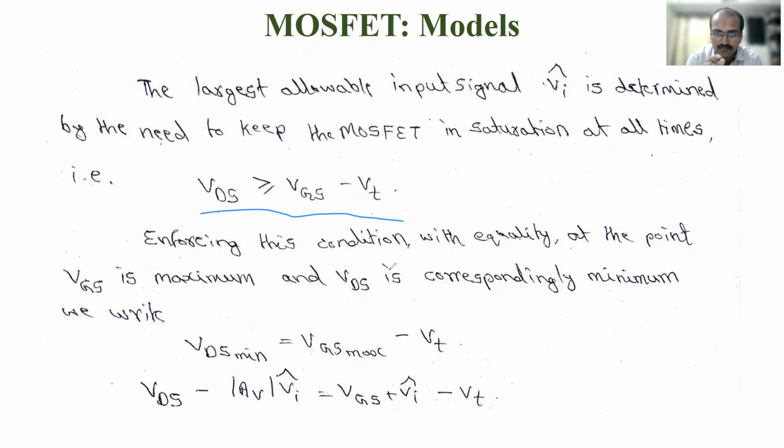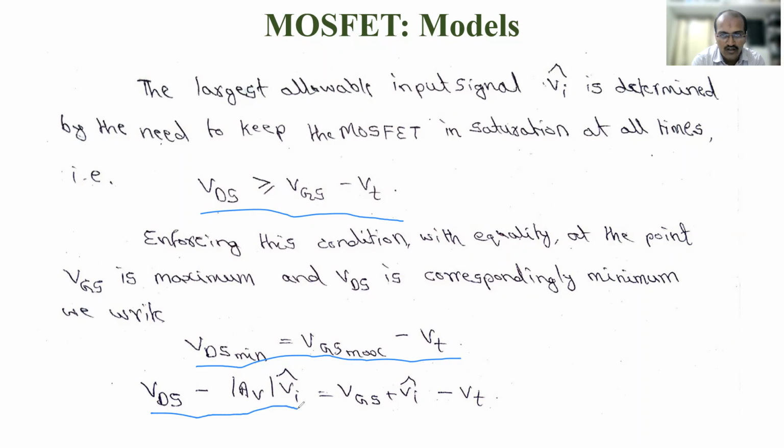So there we have written VG max minus VDS minimum, right? So that we interpret here. We'll write VDS minimum equal to, that is the bottom point, which is equal to VG max minus VT. So what is VDS minimum? VDS minus voltage gain into that small signal.